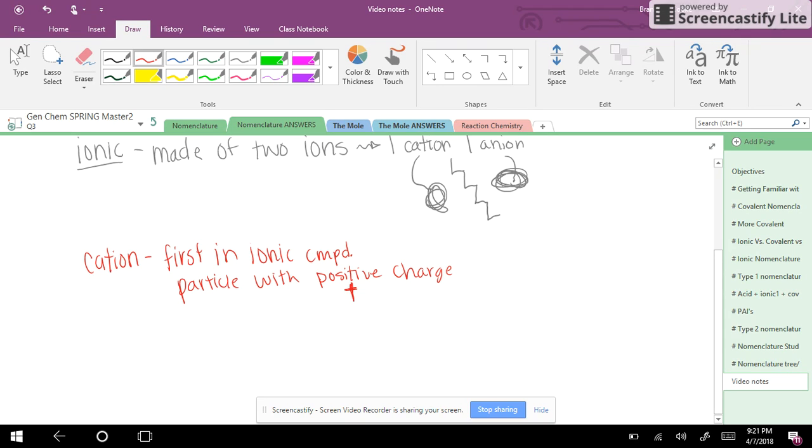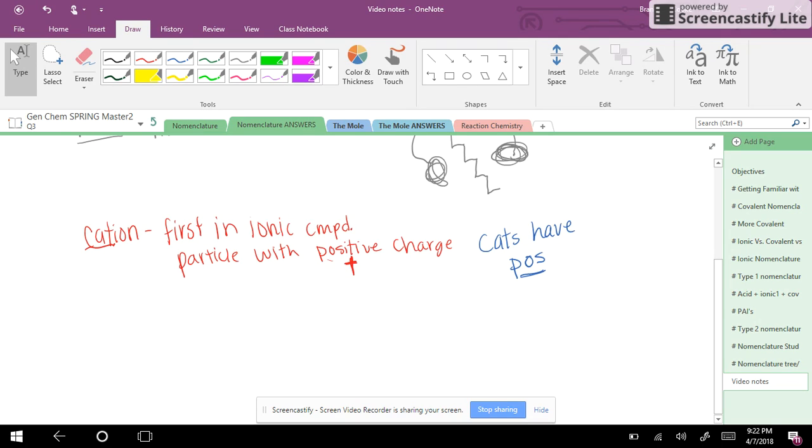And in order to remember that, I say cats have paws. Positive cats. Cats have paws. Like paws, but positive.